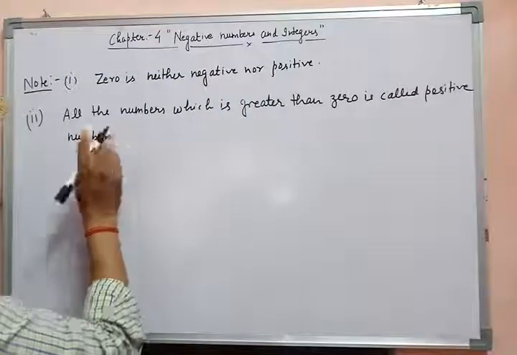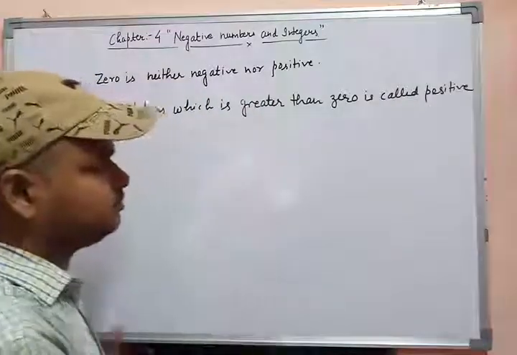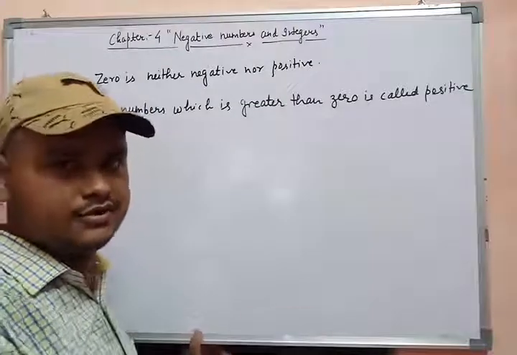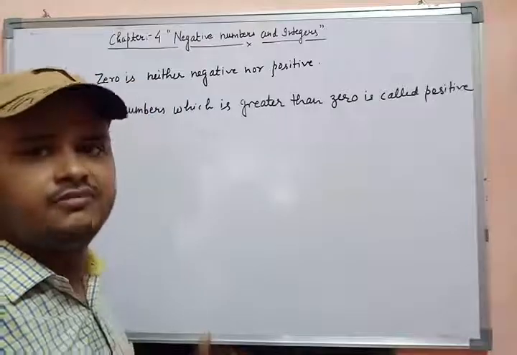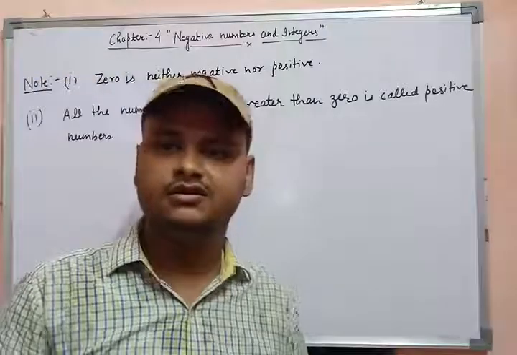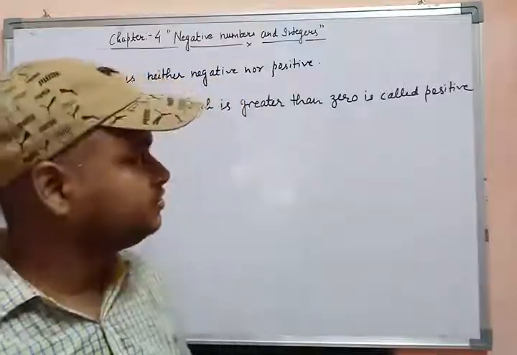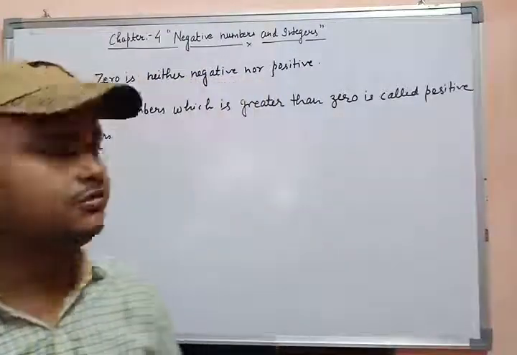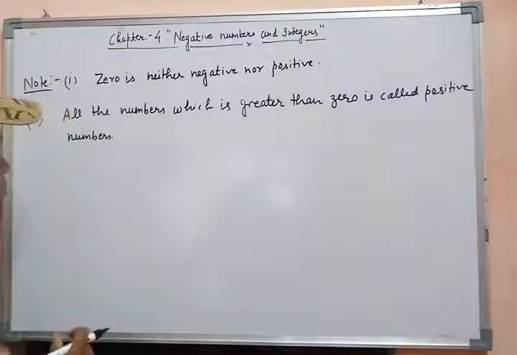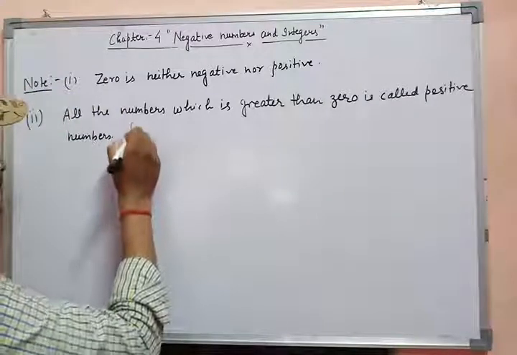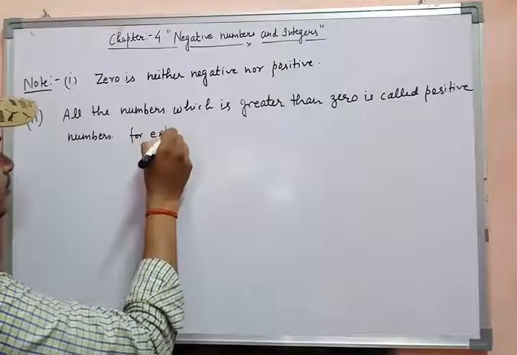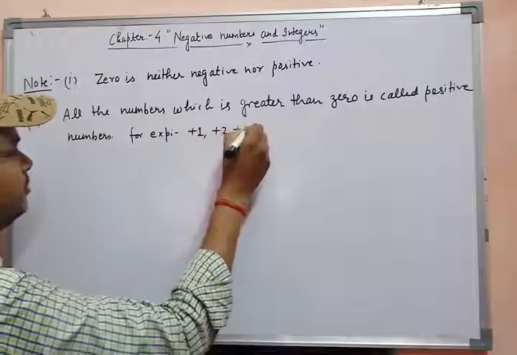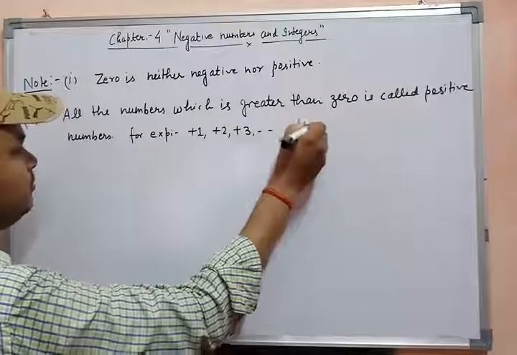This is not a new concept, because you all know from the previous topic that when a number is smaller than 0 it is called a negative number. In the same way, when a number is greater than 0, it is called a positive number. For example, +1, +2, +3 and so on.